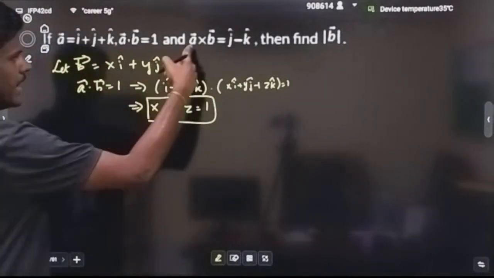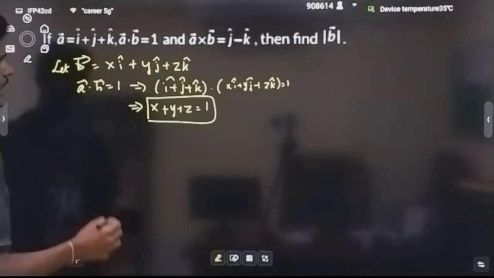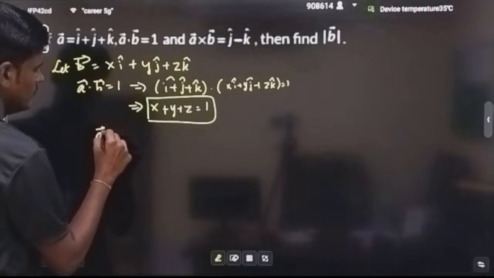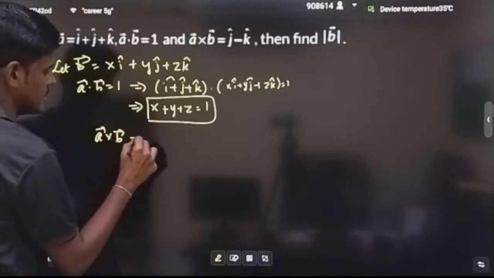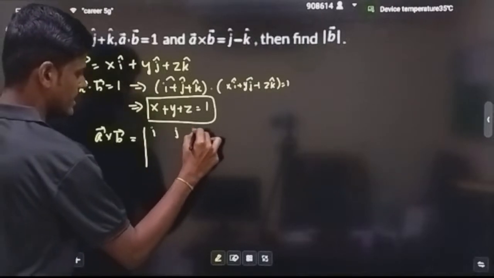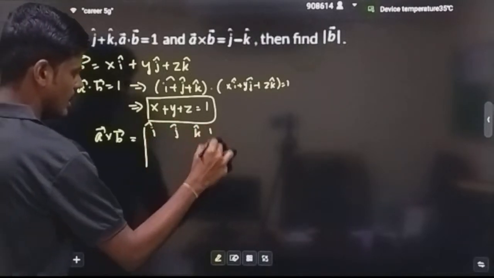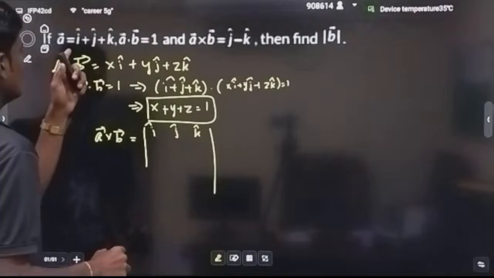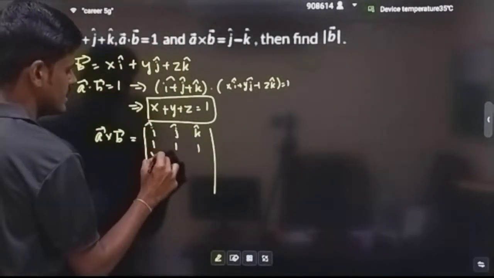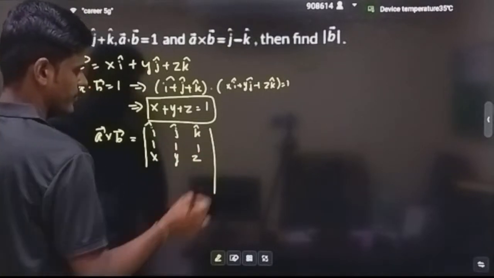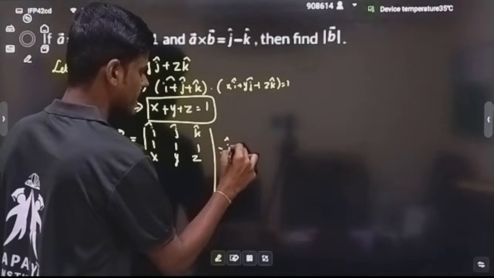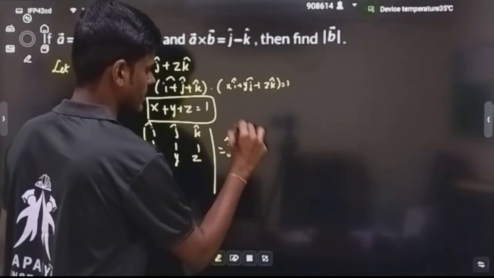Next what is given? a cross b is equal to j minus k. Now what is a cross b? a cross b is defined as the determinant of i j k, what is a vector? 1 1 1. And what is b vector? b is x y z. This value is equal to j vector minus k vector, j cap minus k cap.